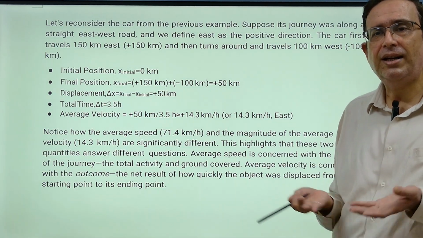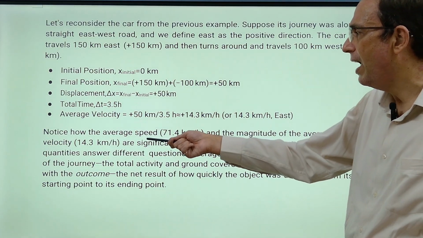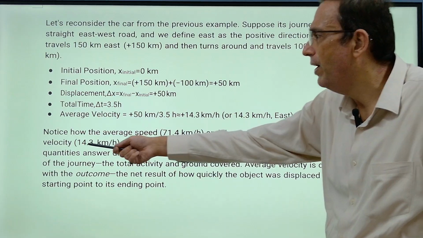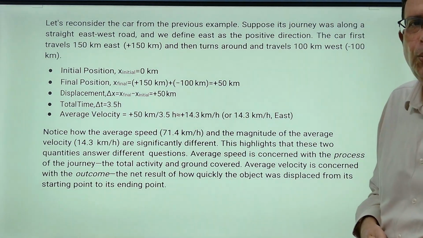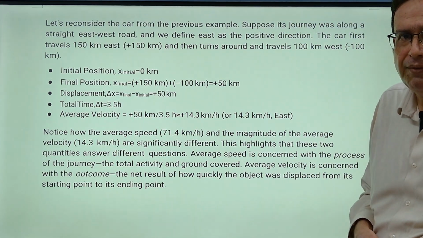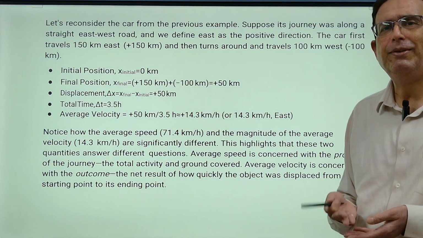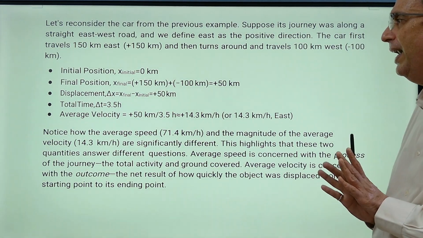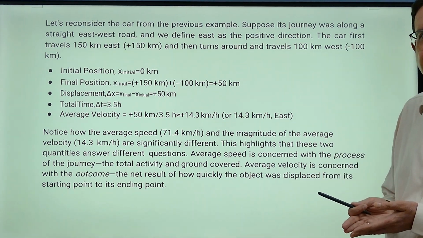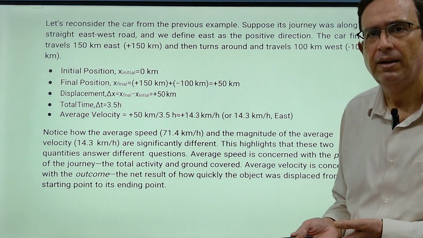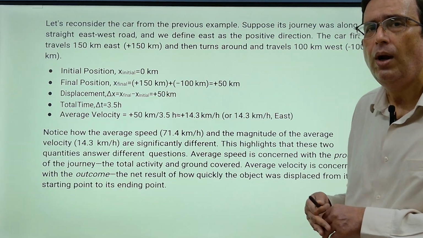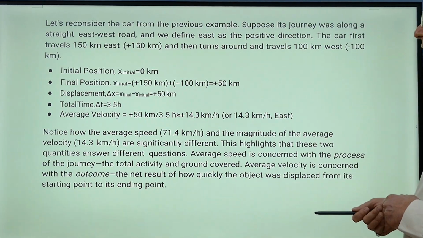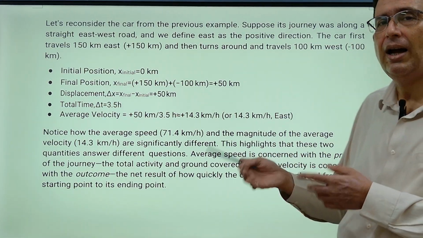So the average velocity is certainly very different from the average speed. The average speed turned out to be 71.4 kilometers per hour, whereas the average velocity turns out to be 14.3 kilometers per hour. You can see there's a huge difference between average speed and average velocity, and that significant difference is basically how you define quantities in physics and what they actually mean. Average speed tells you the total ground covered, or how much was the activity, whereas average velocity is concerned with the outcome.